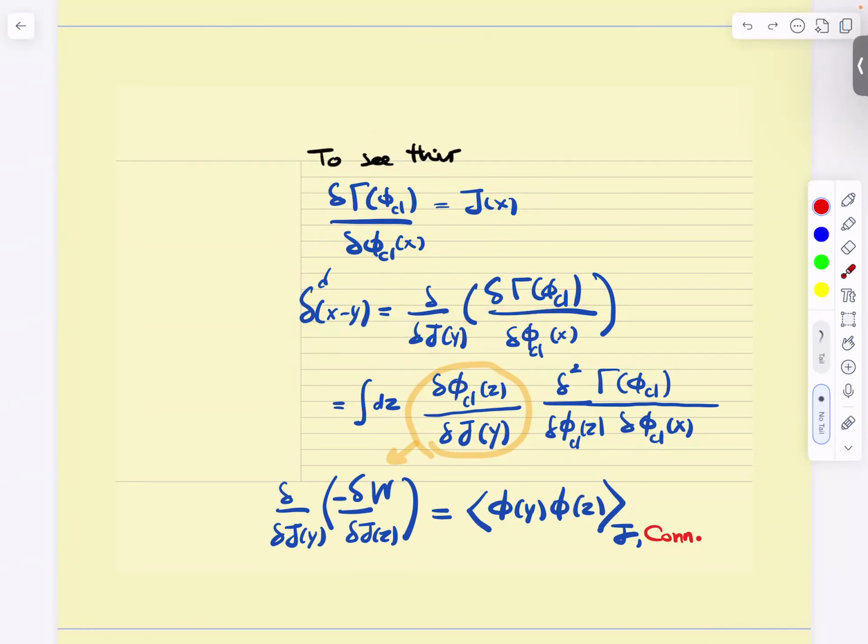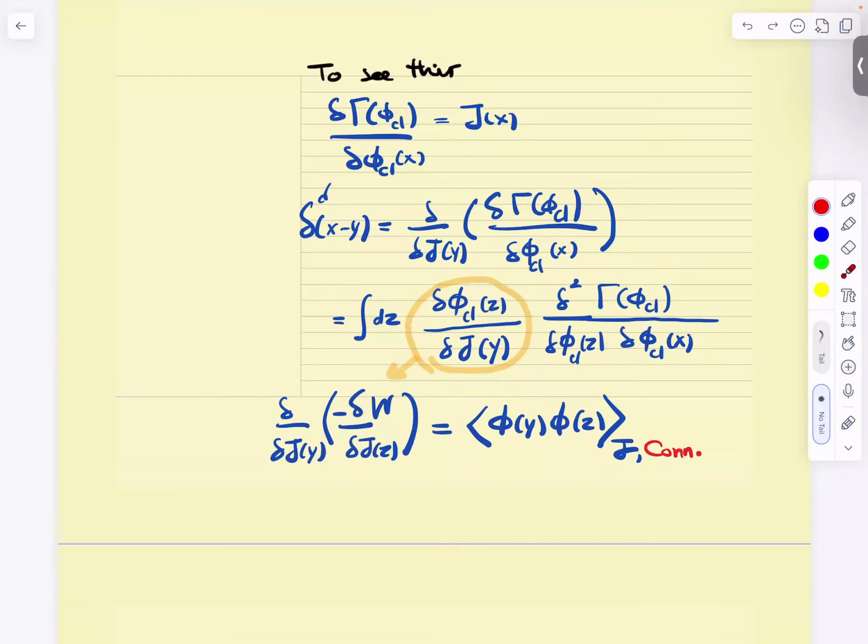Then you take this and add this del phi at z. That's all I've done. Nothing fancy. Then you notice this is del W over del J of z. So you immediately conclude that the J derivative of del W over del J of z is the connected 2-point function with J.